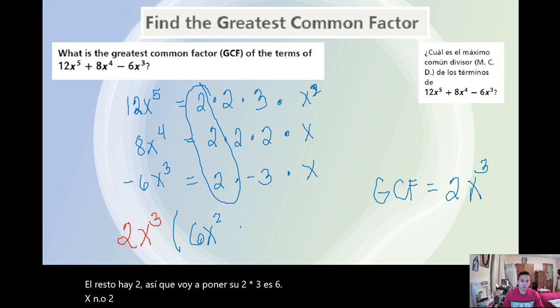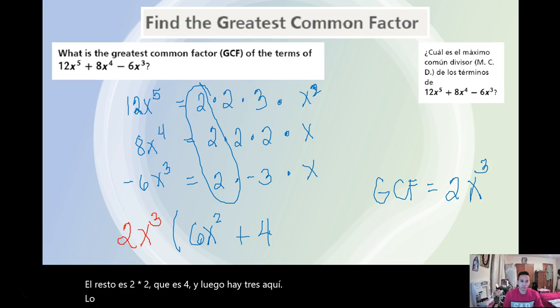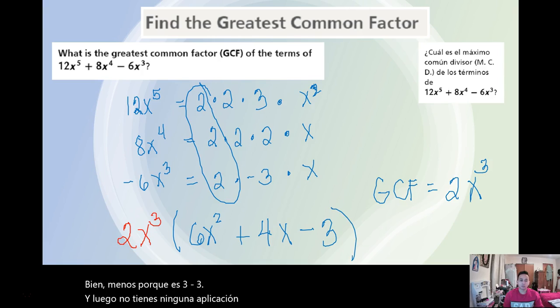And then plus, the remaining is 2 times 2, which is 4. You have 4 there, so it's just x. Minus, because it's negative 3, minus 3. And you don't have any x here because you put the 3 already.